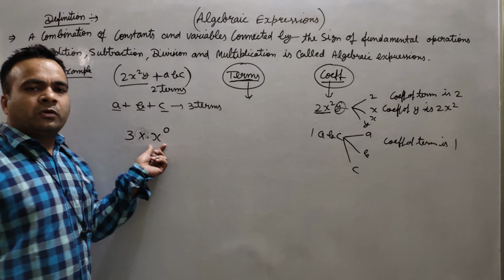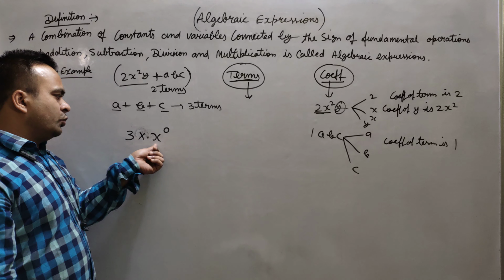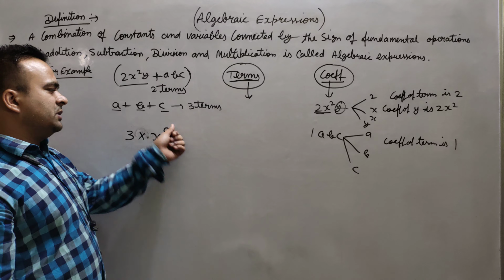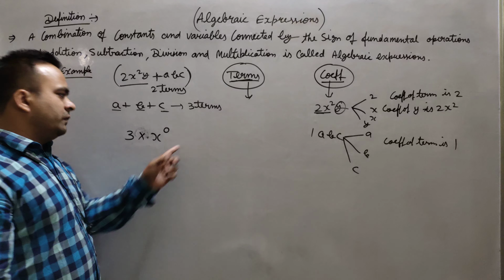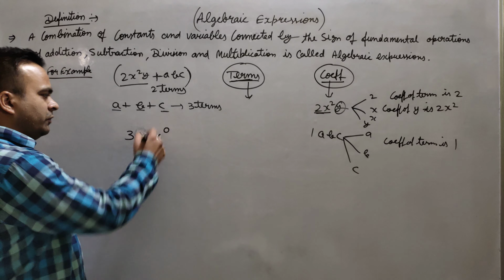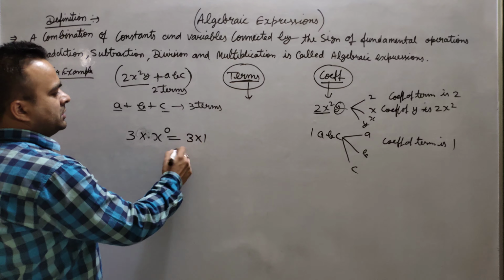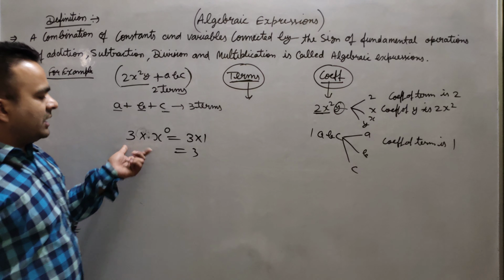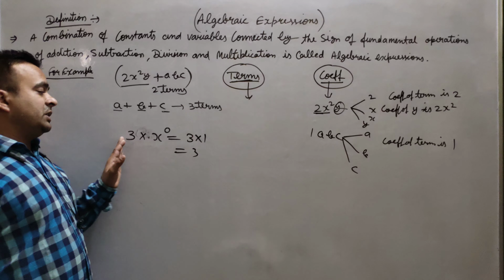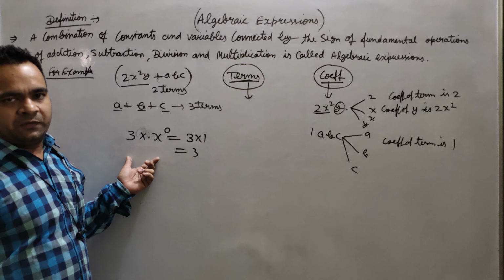If you are aware of the exponent part, you know very well, if any base has power 0, it is always 1. If it is always 1, then it is 3 only. It means you can say that every constant can be written in this algebraic form.